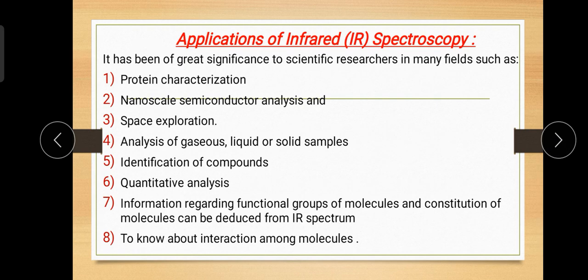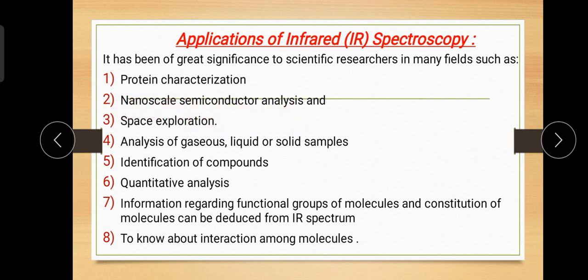Now there are different applications of IR spectroscopy. So let's see the applications. It has been of great significance to scientific researchers in many fields. The first is protein characterization. The second is nanoscale semiconductor analysis.